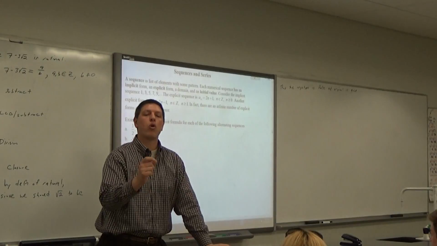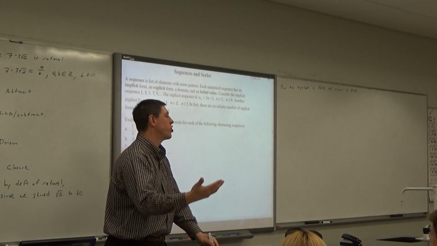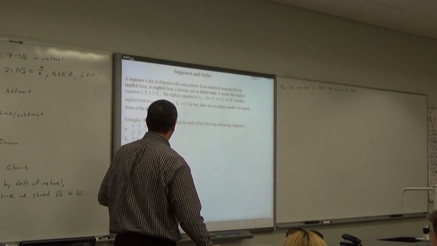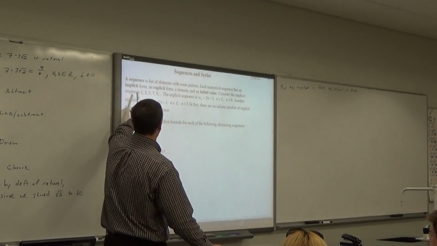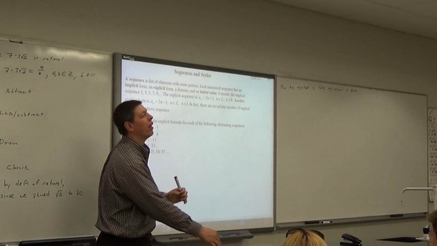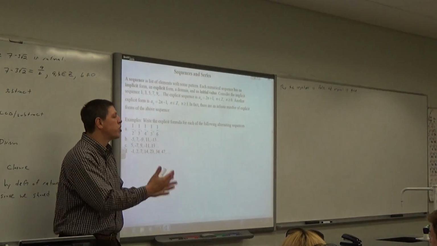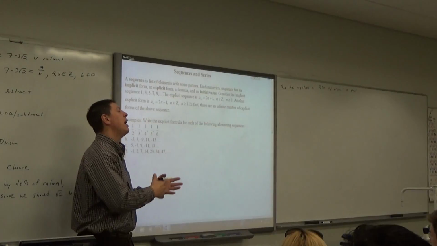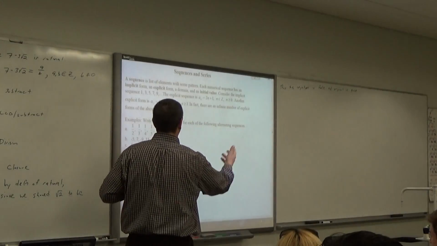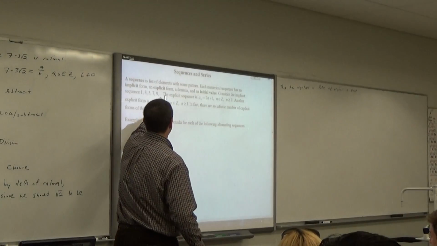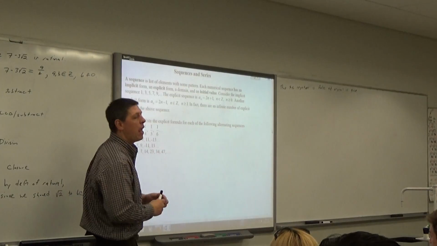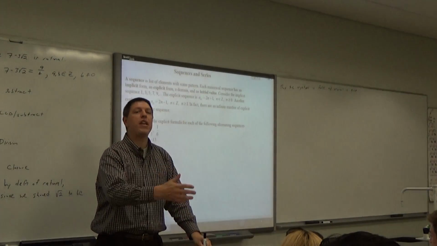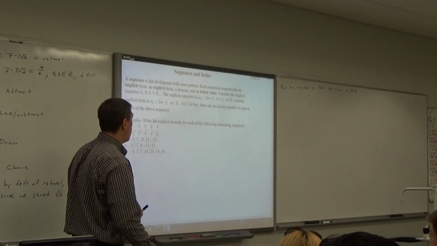So if you see the word explicit, you can replace that with function. And you know what a function is, one input, one output. The implicit form is where you list out the elements, sort of like set builder or roster notation. So implicit is just the long form, it's not as useful. Explicit is the more useful form. And by the way, every sequence has an infinite number of explicit forms.